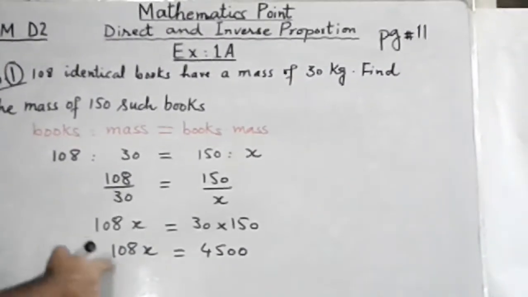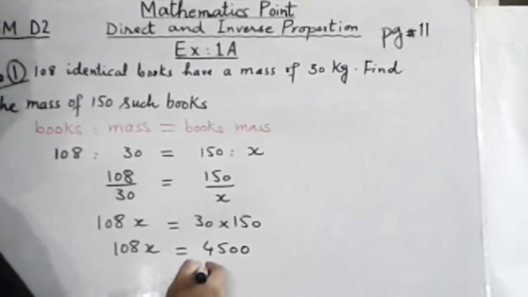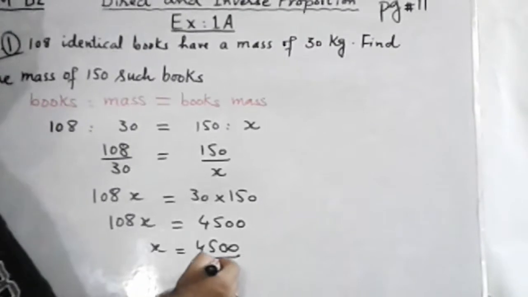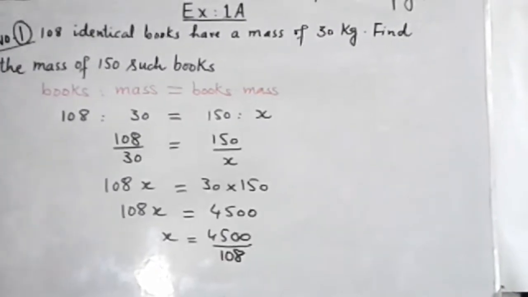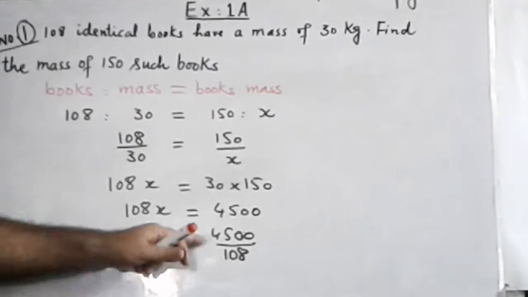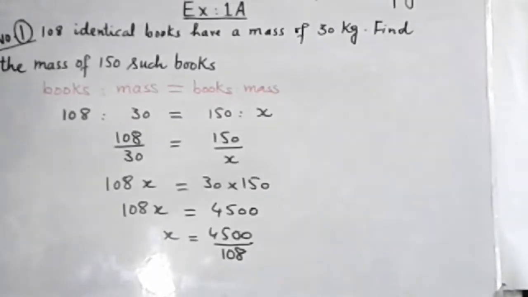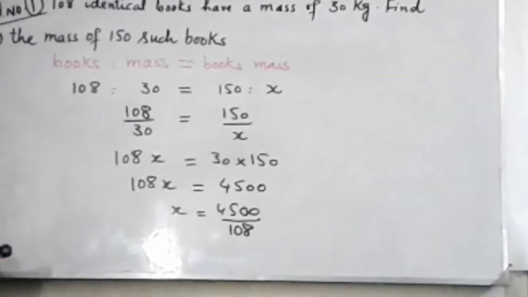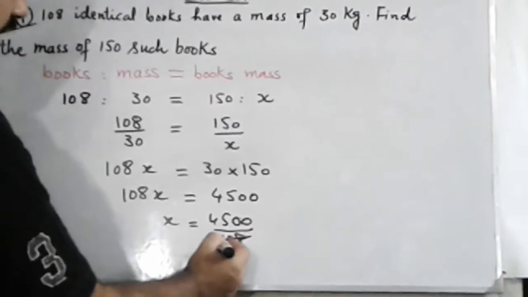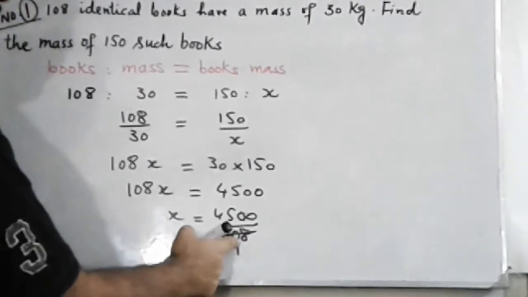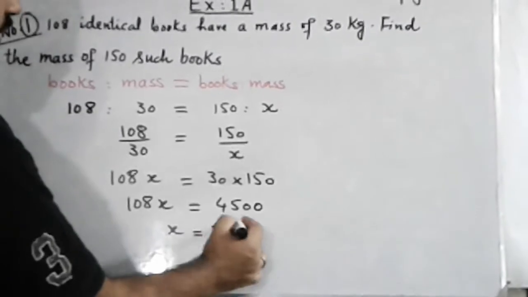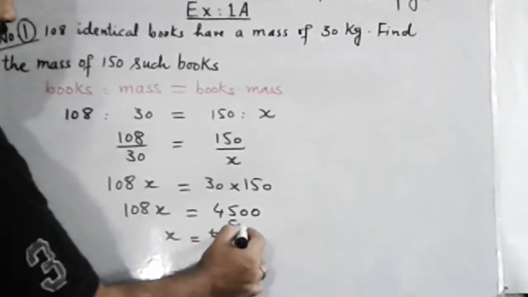Now 4500 is divided by 108. Now cancel out these two values by dividing these two terms by 9. So 9 ones are 9 and 1 is left. It becomes 18, 9 twos are 18, and 9 fives are 45, 9 zeros are 0.